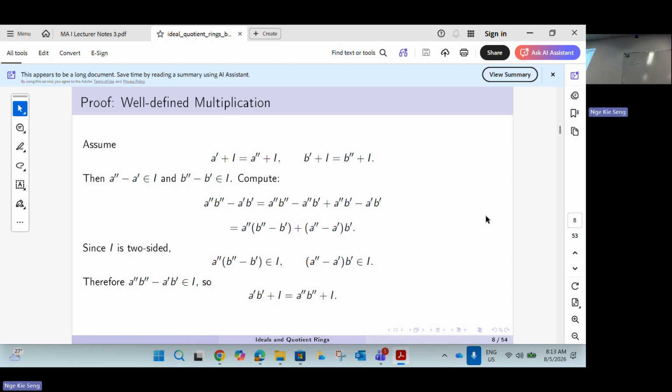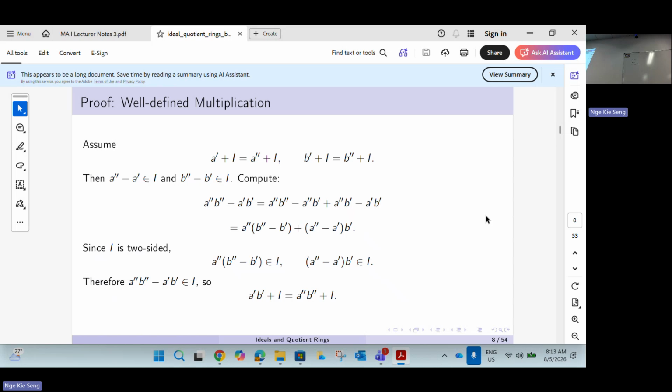If we have two different representatives a prime, a double prime, and b prime, b double prime, we want to check that the products are equal. We take the difference, since the difference is also in I. We want to prove this is in I, so we do a trick: we subtract something and add it back, and factorize.